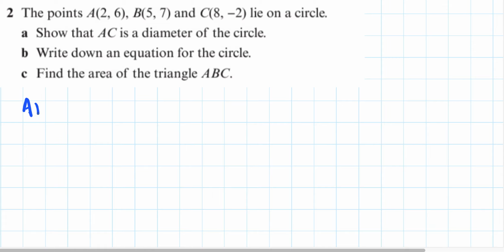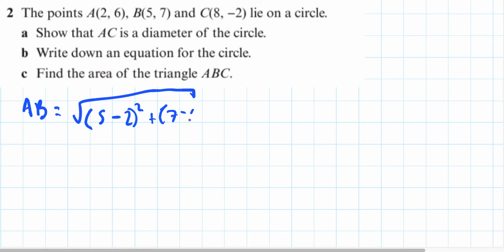So let's work out AB equals square root of 5 minus 2 squared add 7 minus 6 squared, which equals square root of 9 plus 1, square root 10.